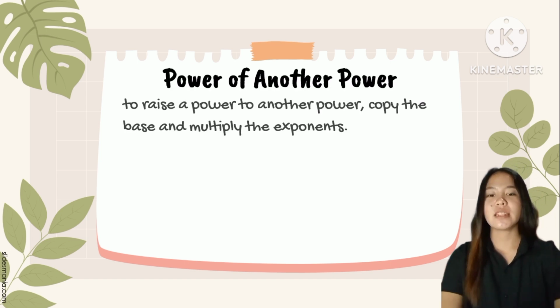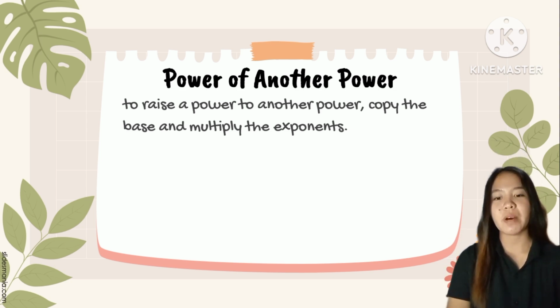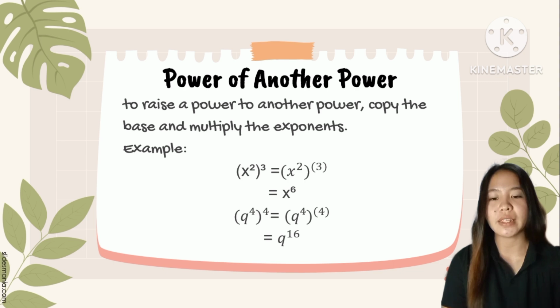The next is power of another power. To raise a power to another power, copy the base and multiply the exponents. Let's have an example here. Example number 1 is x squared cubed.